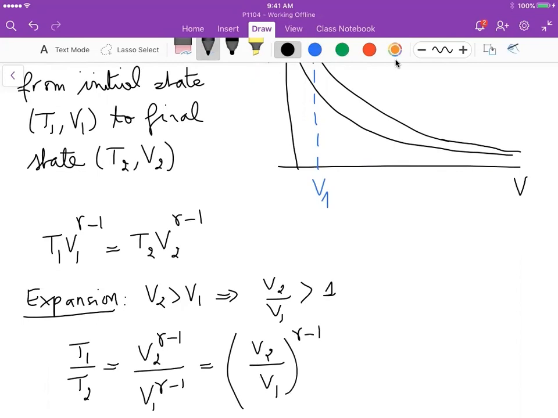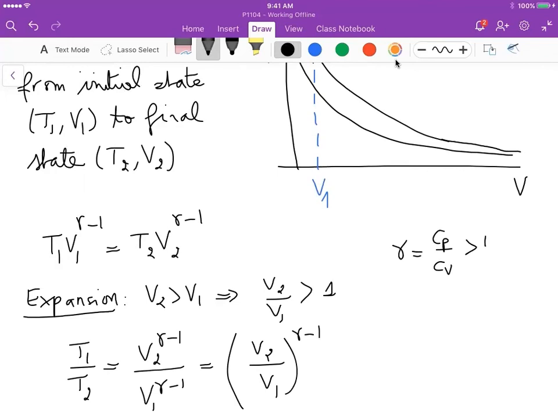But since the ratio V2 over V1 is greater than 1, and since this power, gamma minus 1, is positive, because gamma is all the time greater than 1. Don't forget that gamma is defined as the ratio between Cp and Cv, and Cp is all the time greater than Cv, which means that this gamma factor is all the time greater than 1. That means gamma minus 1 is always positive.